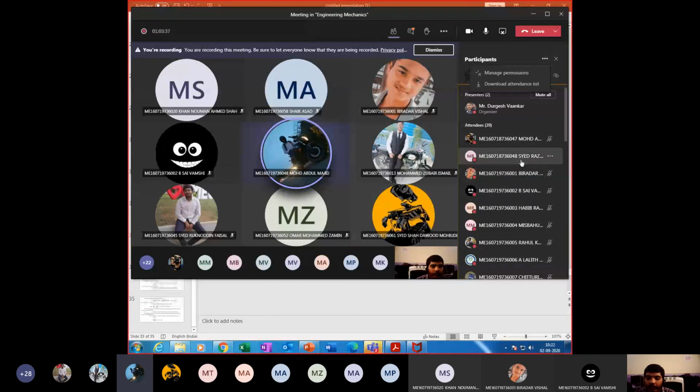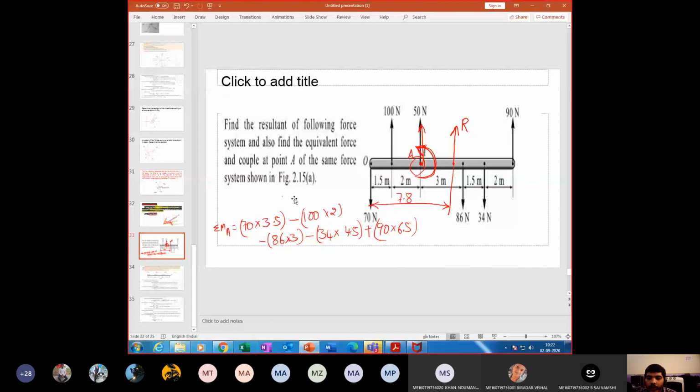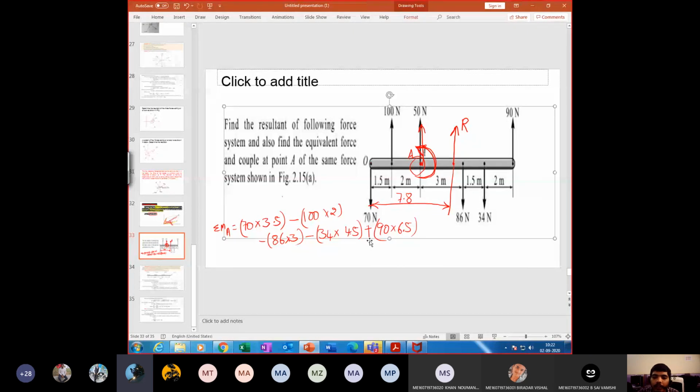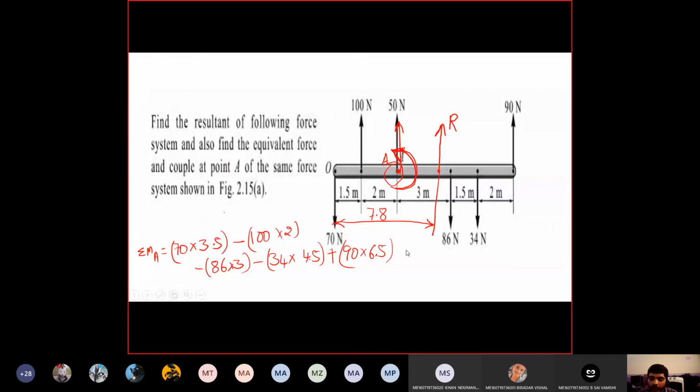Now tell me, ma, what is the unit of this moment? Moment unit, say fast. Newton. Arey, moment is equal to force into perpendicular distance. Force in what unit are we taking now? Just now we have considered force, it is in Newton, and distance is in meter. So finally the moment unit is Newton meter.